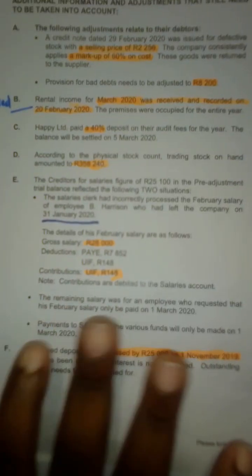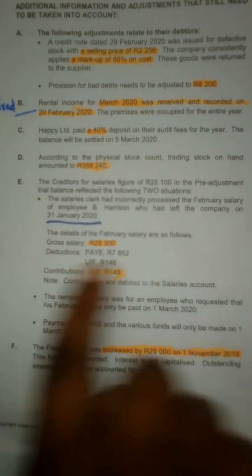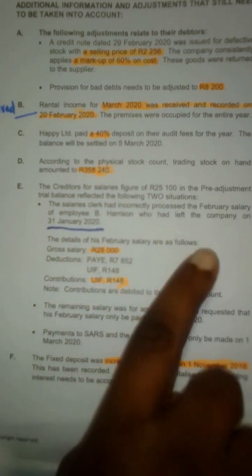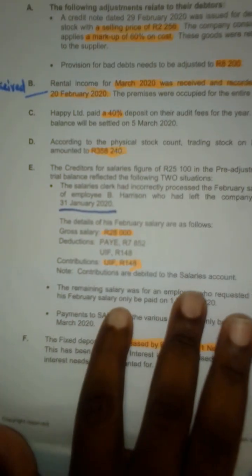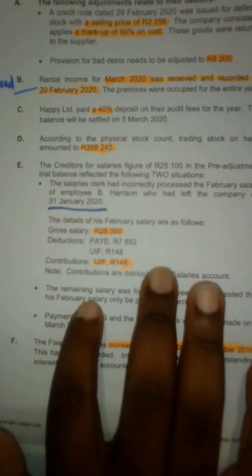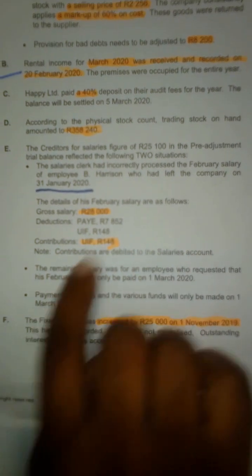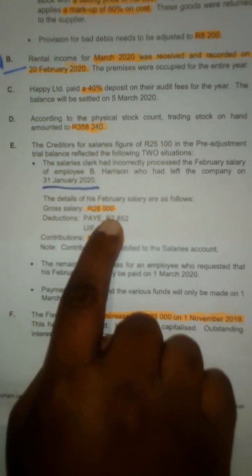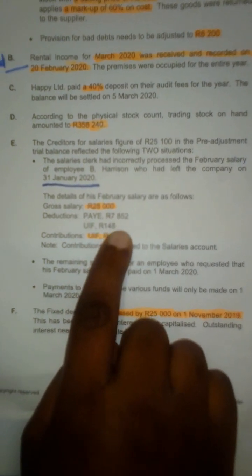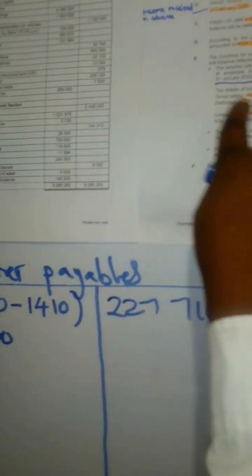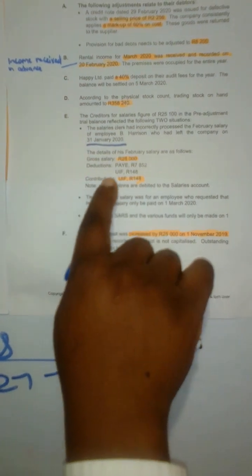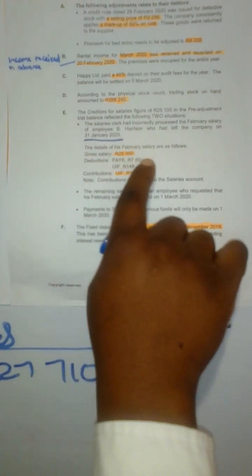And then there is adjustment number E. We already looked at it, so you go back to it. In the adjusting trial balance, it reflected the following two situations. We are also supposed to remove the creditors for salaries that are found in this 28,000. Remember, when this is a gross salary, we subtract the PAYE and the UIF.